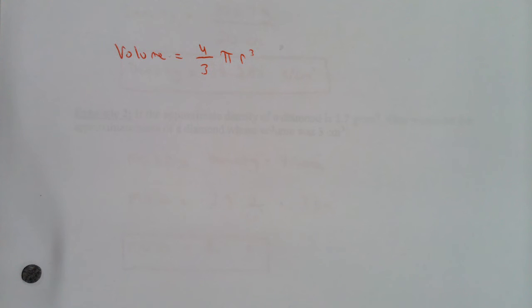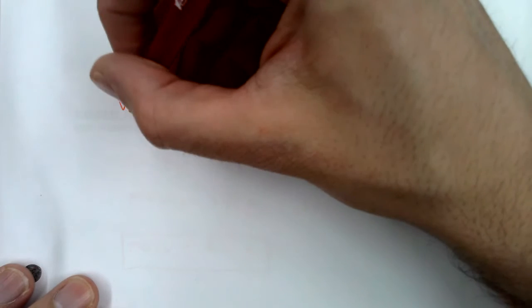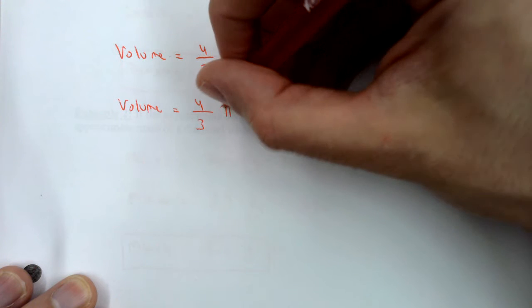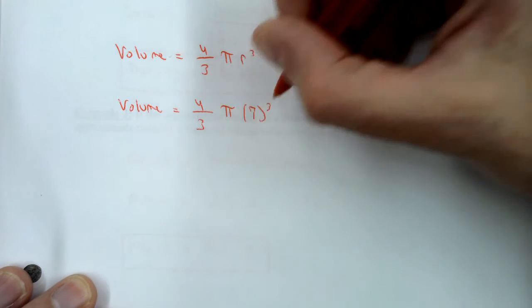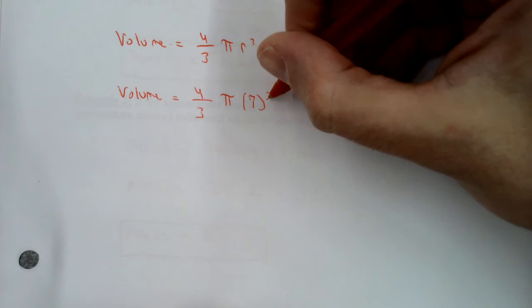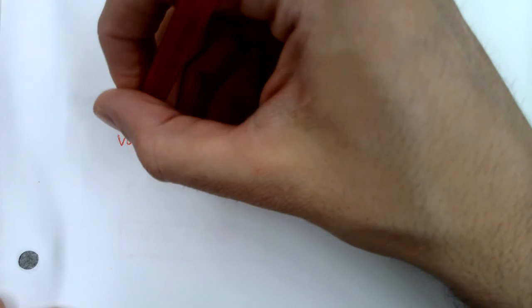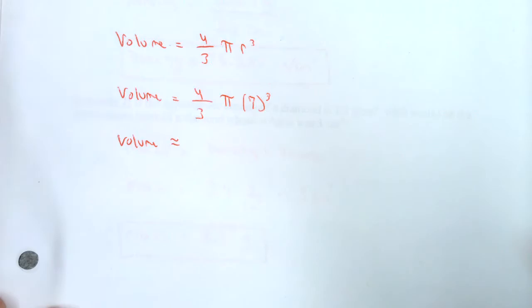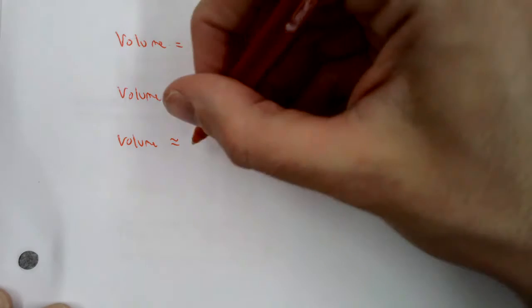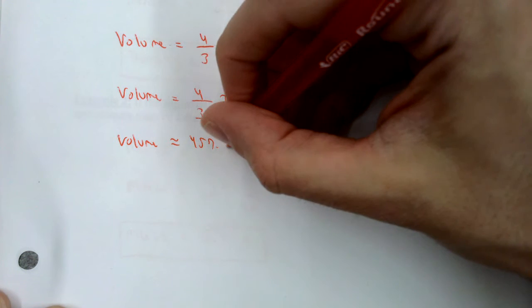And this time the radius is 7 according to the problem, so 4/3 times pi times 7 cubed, which is 457.33333 pi.